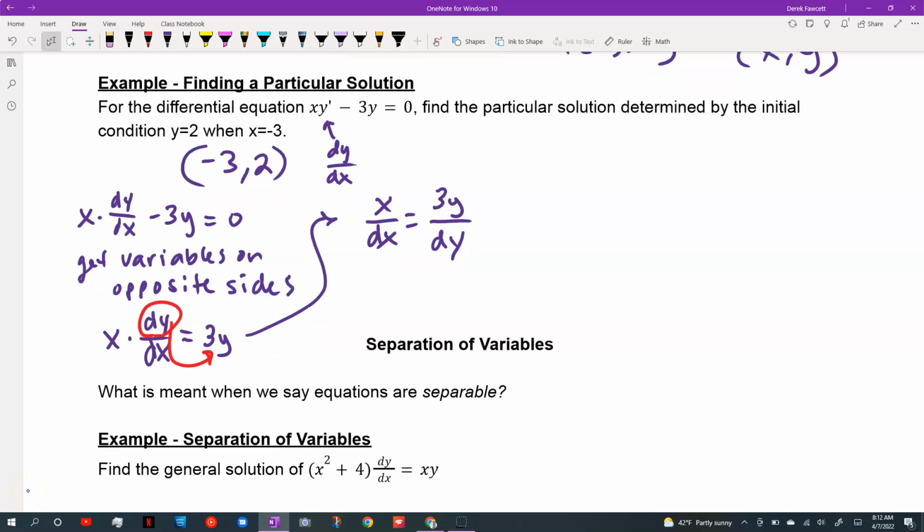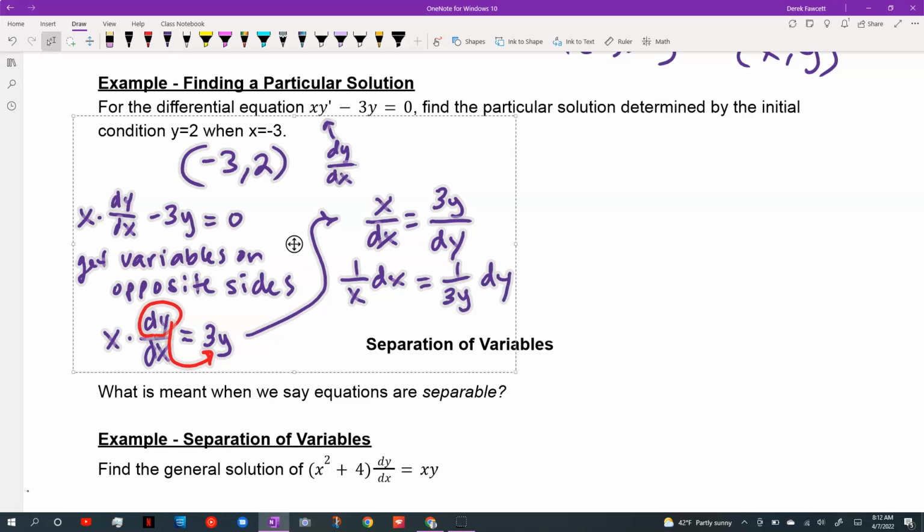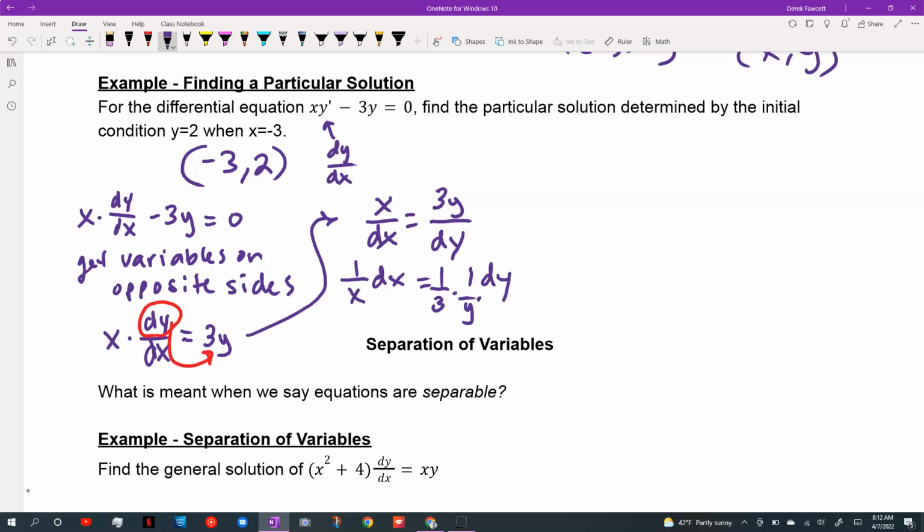But we can't divide by dx, so instead we're going to do 1 over x dx is equal to 1 over 3y dy. Or even further, if we do this one step further, it'd be 1 over 3 times 1 over y times dy, because 1 over 3 is a constant.